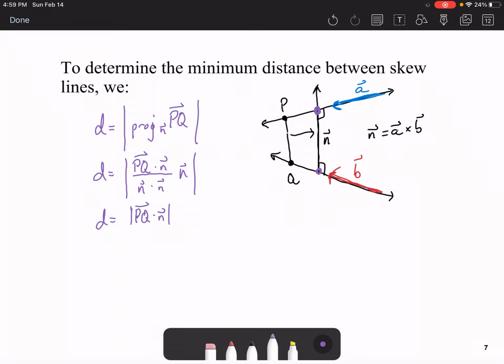Remember, n dot n is actually just the magnitude of n squared. And we're also multiplying by the magnitude of n that we worked out. You might notice the magnitude of n with the magnitude of n in the denominator can cancel out, and therefore a simplified version of this formula, if you want to memorize it, is the magnitude of PQ dot n over the magnitude of n.